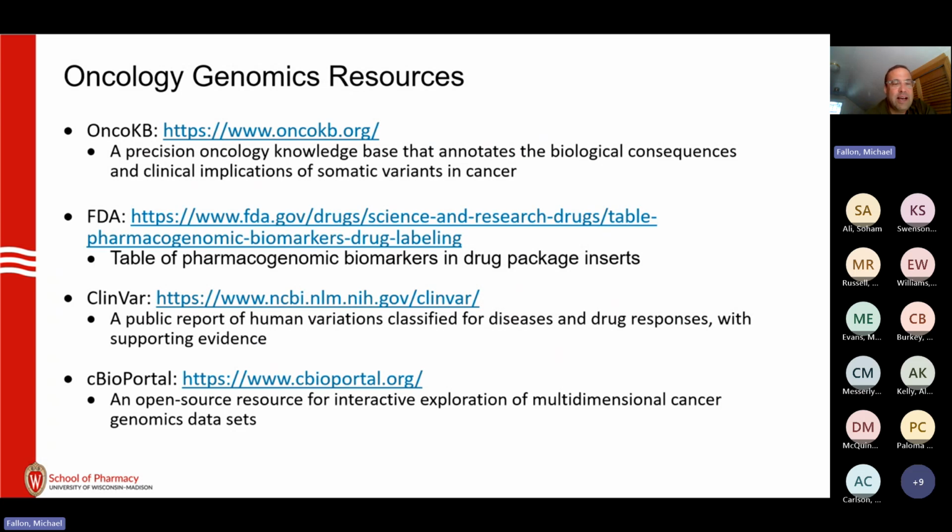The FDA keeps a site up to date with the different biomarkers, so all drugs with a biomarker notation in the package insert are listed on these websites. And then to dig deeper for actionability, or sometimes when we need insurance test claims, either ClinVar or cBioPortal. And we work with the Precision Medicine Molecular Tumor Board as well, to get more prior auth information.